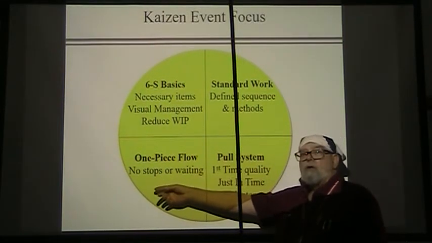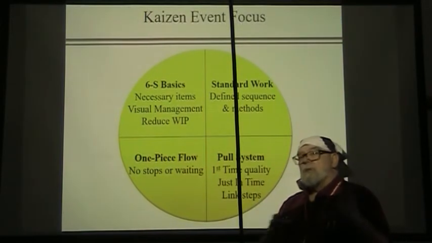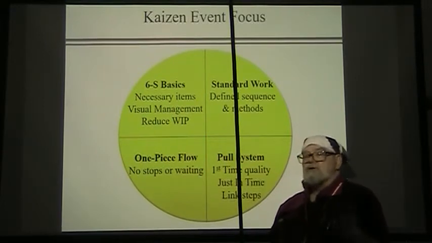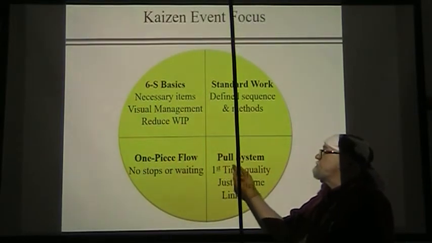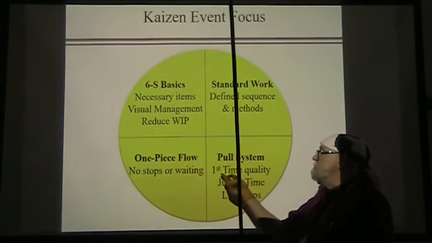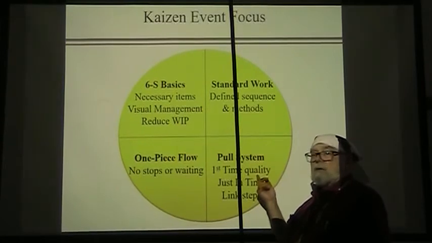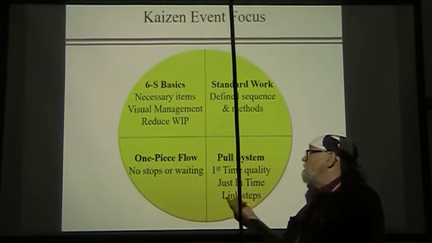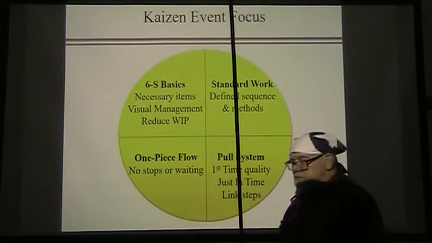One-piece flow, making it so that our products, our parts are flowing through the facility, not start and stop, waiting, working. And in the pull system, we want first-time quality. We don't want to have to send anything back for rework. We want it just in time.